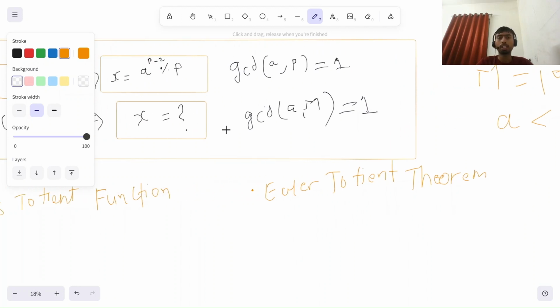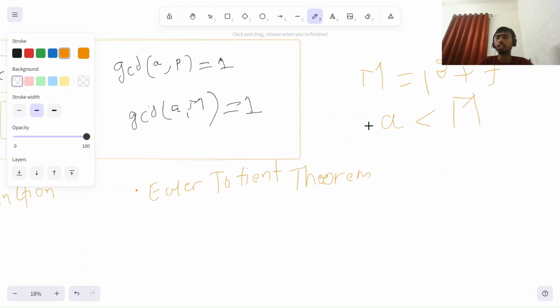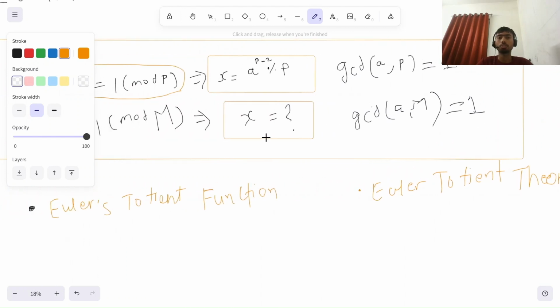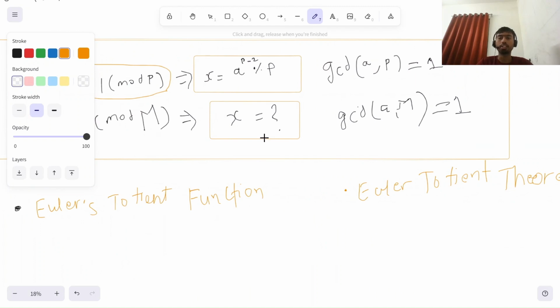But here you have to take care of this condition. You can't ignore it here, because m is a composite number, and there is a chance that even if a is less than m, the GCD between a and m is not equal to 1. So you have to take care of this condition for applying the Euler-Totient theorem.